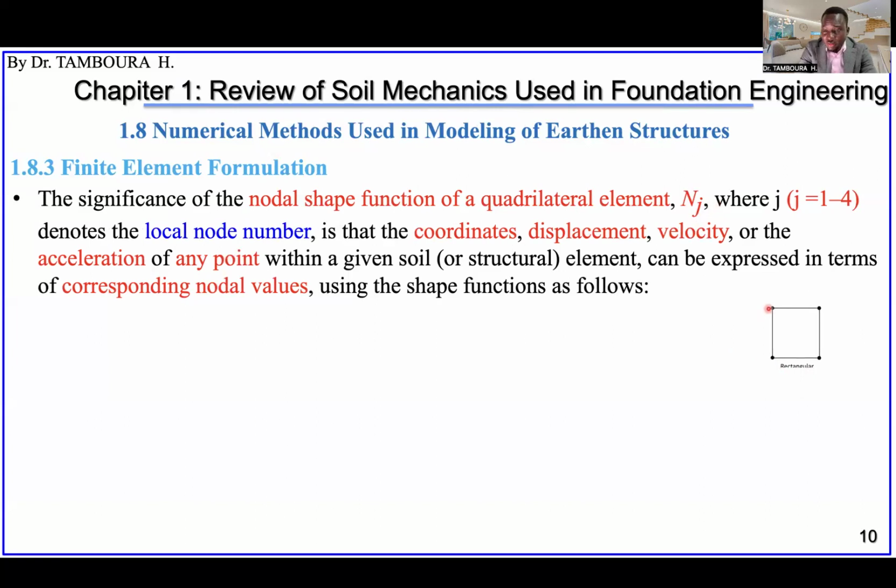After dividing the domain into several elements, what you need to study is the node: the displacement of each node, the velocity of each node, the deformation of each node. After gathering everything, you will obtain the total displacement, total stress or total strain.